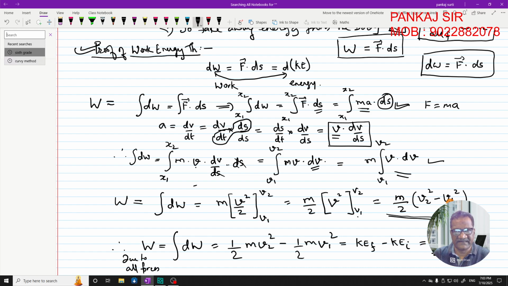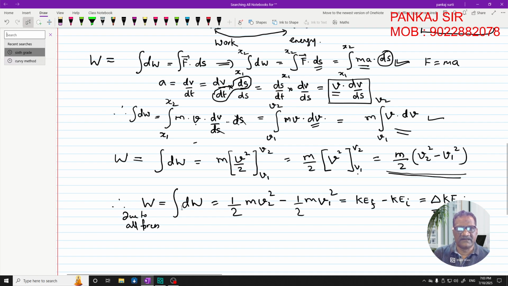Fine. Next slide. W, the total work done, is equal to integration of dW, and now we have reached this stage. Now let me expand this and write m upon 2 into v2 square minus m upon 2 into v1 square. So can you see I have written here half m into v2 square minus half m into v1 square.